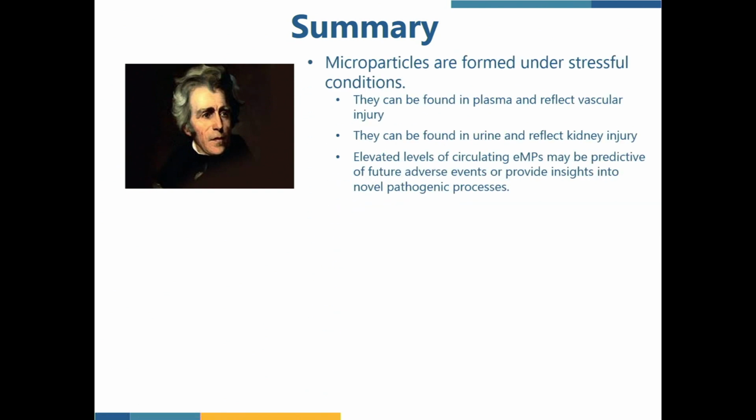So they can be found in the plasma, and our evidence suggests that they reflect vascular injury. I didn't show this today, but they also can be found in urine and reflect kidney injury. Assessing elevated levels of circulating endothelial microparticles may provide insight into vascular changes and be predictive of cardiovascular risk.